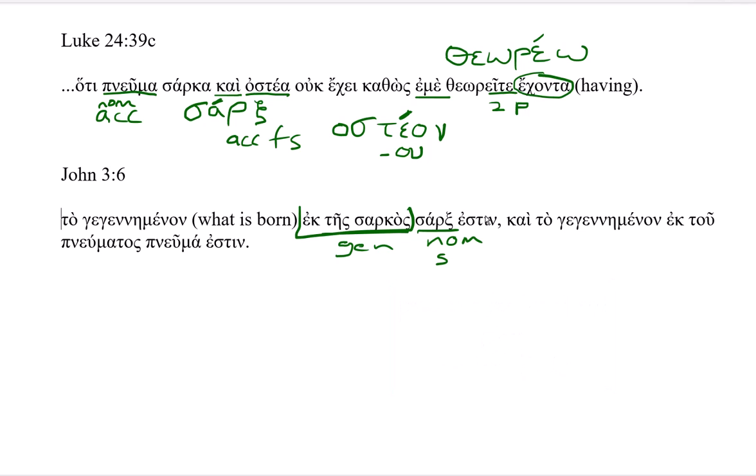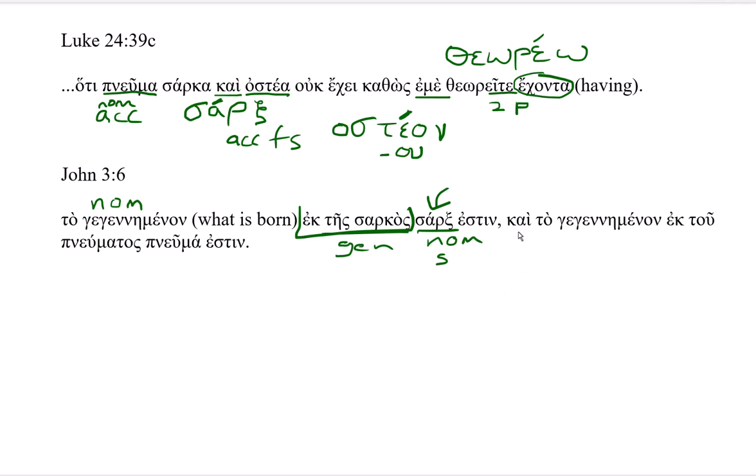The thing that is born out of flesh, and then we have flesh is. So is flesh. So this looks like it's a nominative over here, and it's the thing that is born is flesh. And so this is going to be a predicate nominative. Sarx is going to be predicate nominative. So the thing that is born, or what is born out of flesh or out of the flesh, is flesh.